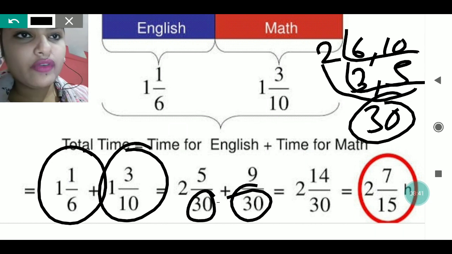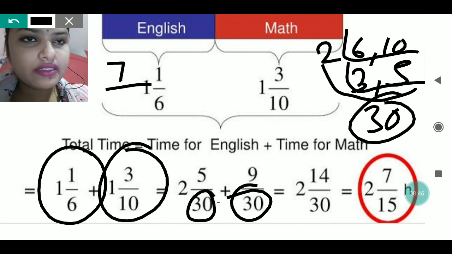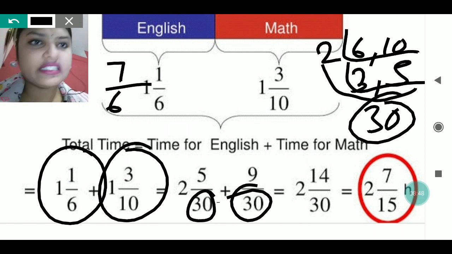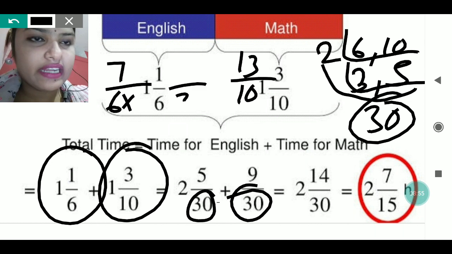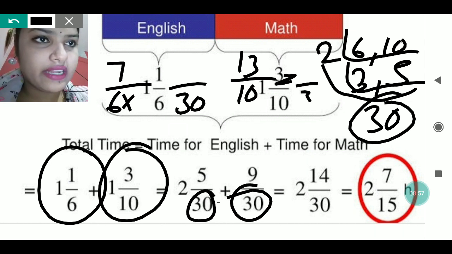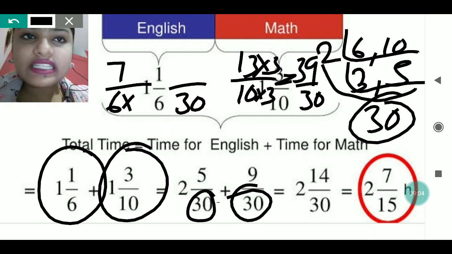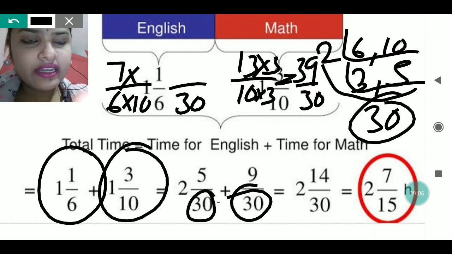Now what you will do, you have got 7/6 and 13/10. You will get 30 here, and 30 here. So 10 threes are 30, so upside also with 3. So it will be 39. In the same way, 6 10s are 30. Sorry, wait.